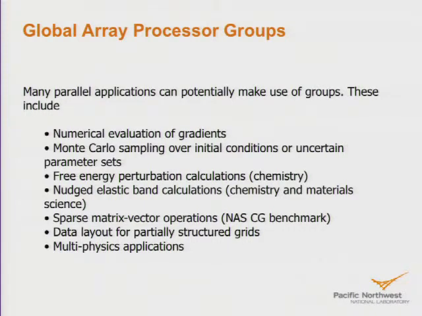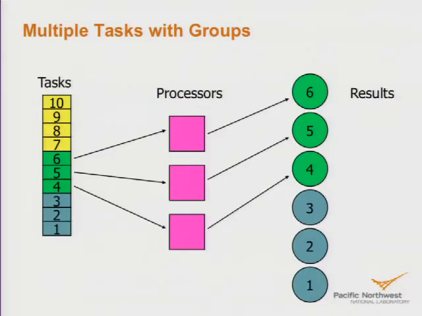This can be useful for a lot of things like task-based calculations where you have multiple simulations, so Monte Carlo sampling type things, numerical evaluation of gradients. But more recently, there are some interesting applications in things like multiphysics, where you have basically separate simulations coupled to each other.